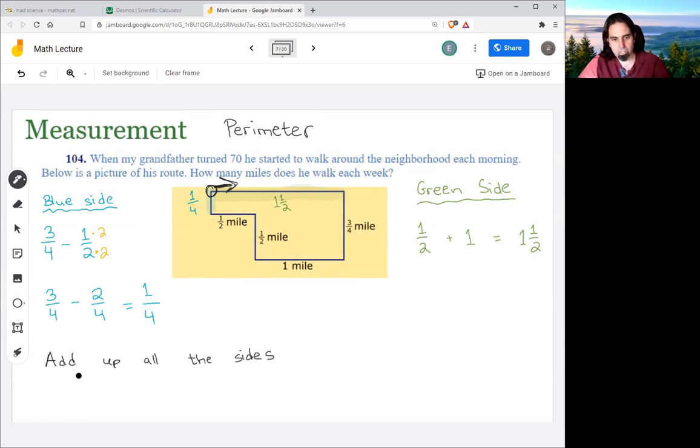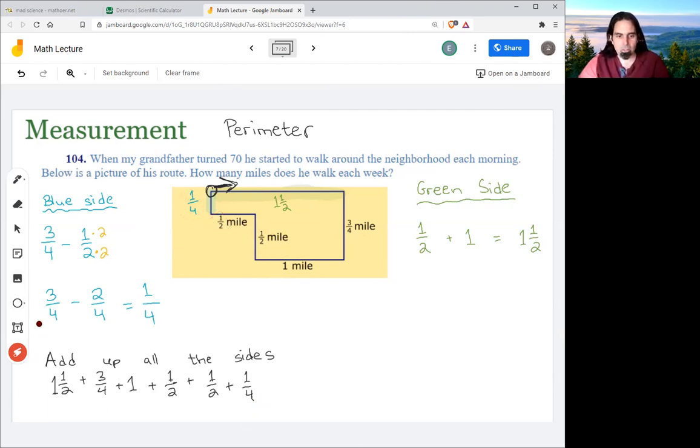Our first thing is 1.5. Then we have 3/4, then 1, then 1/2, then another half, and then 1/4. Then we're done. Did I get them all? 1.5, 3/4, 1, 1/2, 1/2, 1/4. Yep.